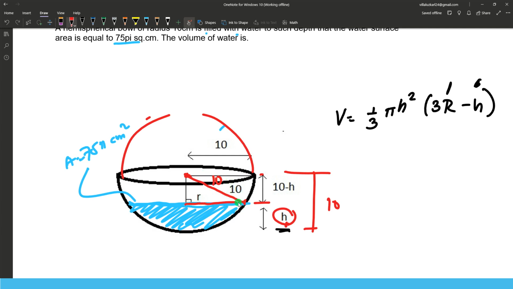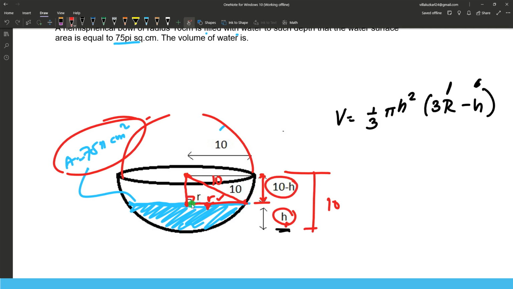This distance here is the radius of the water surface. Since we have a given area of the water surface, we can determine this small r, the radius of the surface of the water. And the vertical distance from the center to the center of the water surface is 10 minus h.